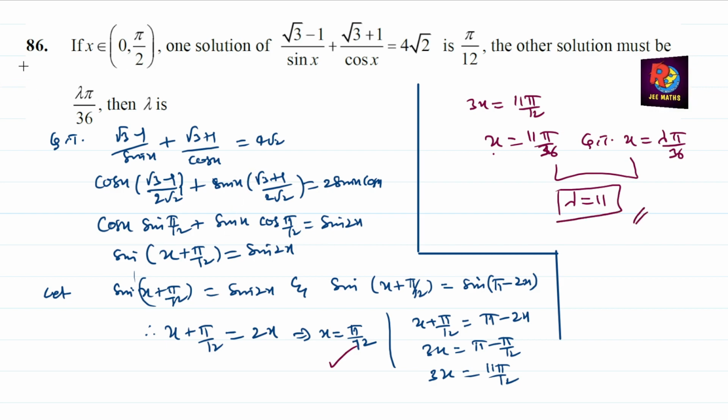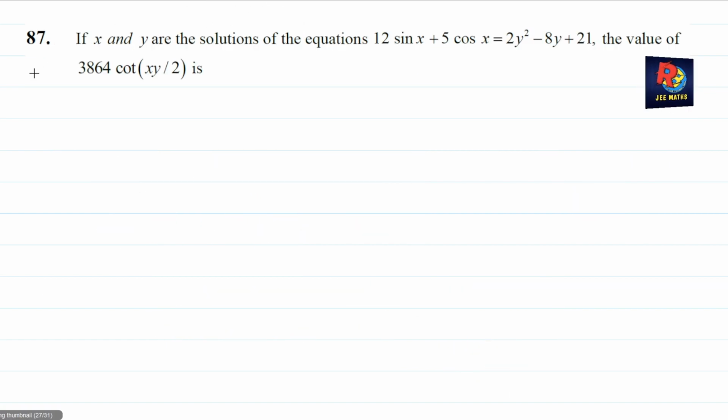Next one. In this question, we can observe that, given that, first we can take LHS. If I take the LHS value, what is the LHS value? 12 sin x plus 5 cos x.